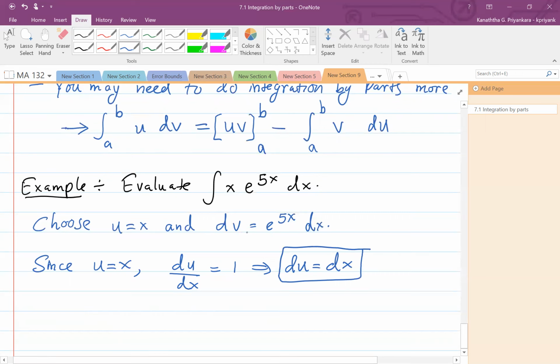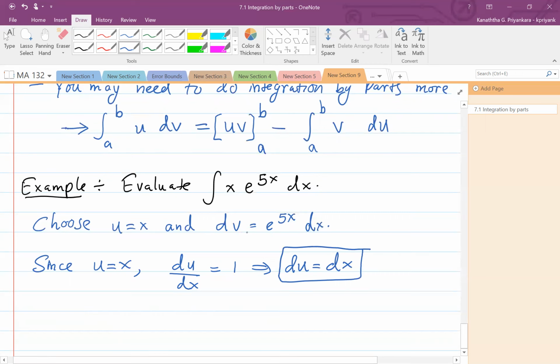Since dv equals dx, we integrate both sides. The integral of dv is the integral of dx. The integral of 1 is, we get v, and this would be x.